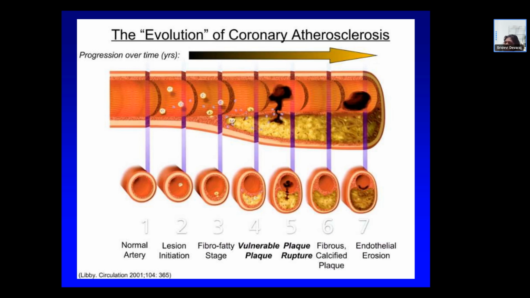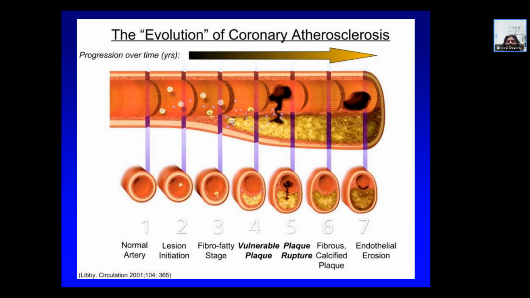They produce a lot of toxic products, including cytokines, chemokines, tissue factor, etc. And when that comes in contact with the blood, you get the clot. And if the clot is big enough, it vaso-occludes, and you get an event. So up to the fatty streak lesion, the fibrous plaque lesion, it is regressible.